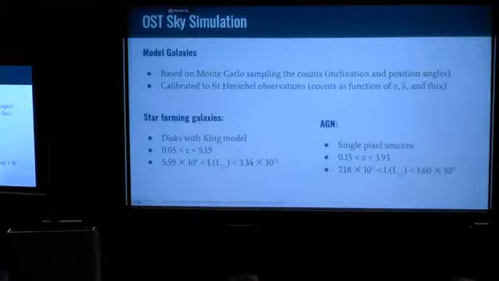And the galaxy counts are a function of redshift, wavelength, and flux based on Herschel observations, calibrated to fit Herschel observations. So we have two types of objects. We have the star-forming galaxies, which are disks with a King model, and then AGN, which are single pixel sources with the wavelength and luminosity ranges shown here.